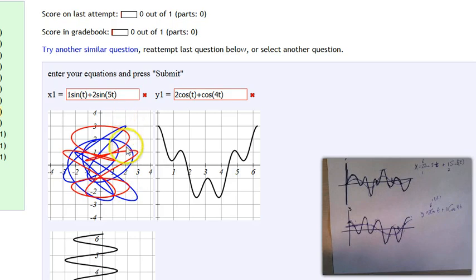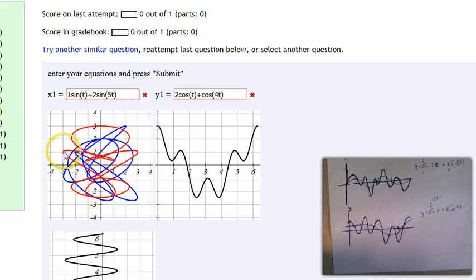Well, there's 1, 2, 3 loops out here, and I'm seeing 1, 2, 3. They're not quite right. This one in here is close to that one. This one here is close to this one.